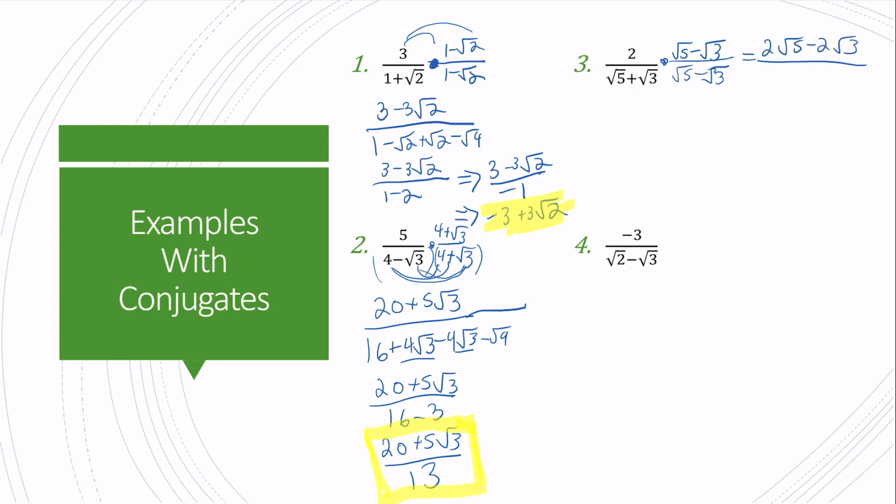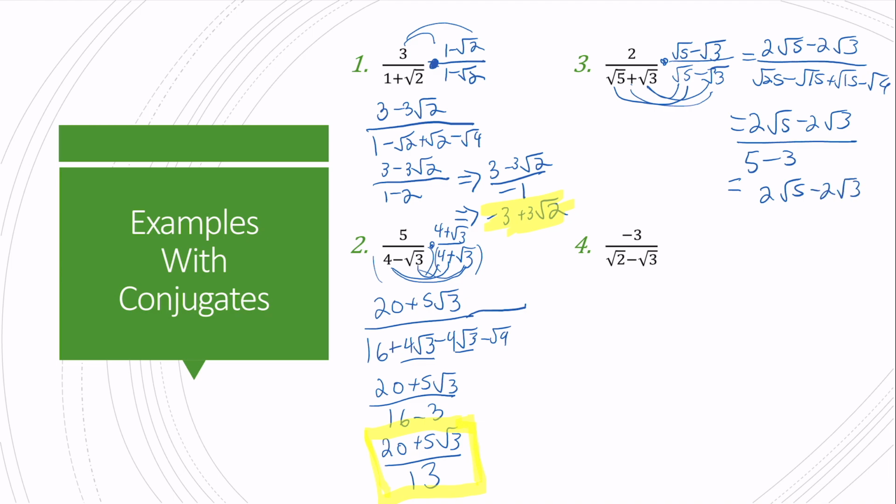I'm going to have the square root of 25 minus the square root of 15 plus the square root of 15 minus the square root of 9 when I FOIL it out. So I have 2 root 5 minus 2 root 3 over 5 minus 3, which is 2. So I have 2 root 5 minus 2 root 3 over 2.